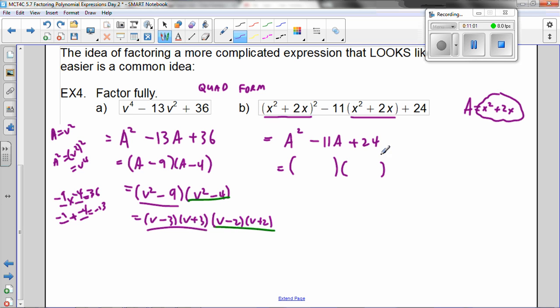Numbers that multiply to get 24 and add to get negative 11. Signs are the same, both negatives, negative 3 and negative 8 give me negative 11. So this is a minus 8, a minus 3. And so now if I want to actually answer the question I was asked, I put that back in for a.